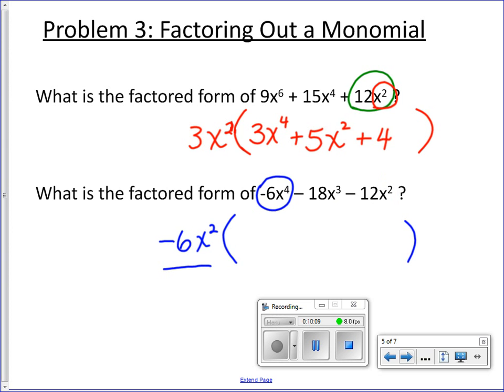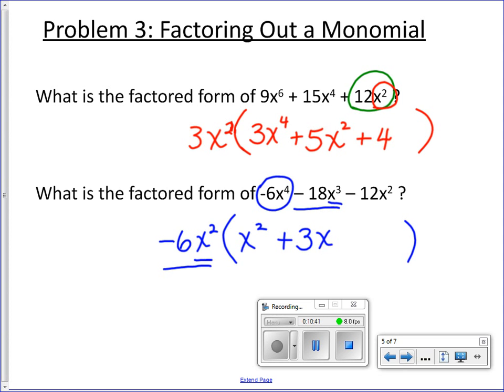negative 6x squared times what will give me negative 6x to the fourth? Well, my negative 6 is already there, so I just have to take x squared times x squared, and now I'll have negative 6x to the fourth. Negative 6 times a positive 3 will give negative 18, and x squared times x will give me the x cubed.